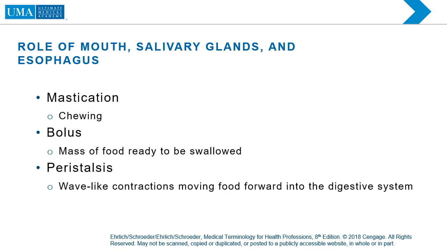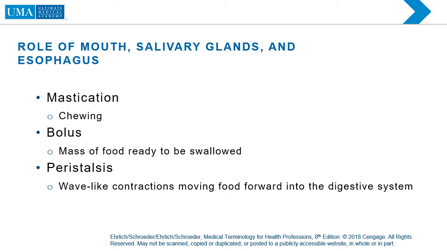Then we have bolus, and a bolus is a mass of food that has been chewed already and is being prepared to be swallowed. The term bolus is also used in relation to the administration of medication. During swallowing, the food travels from the mouth into the pharynx and on into the esophagus.